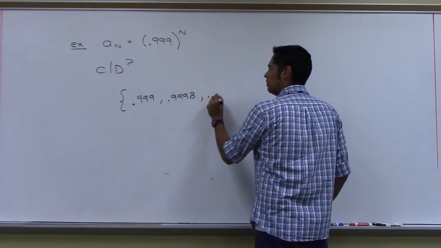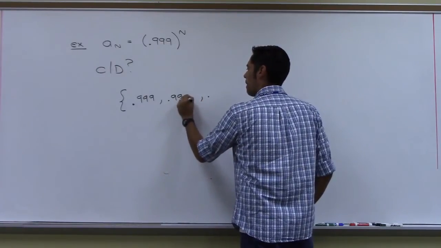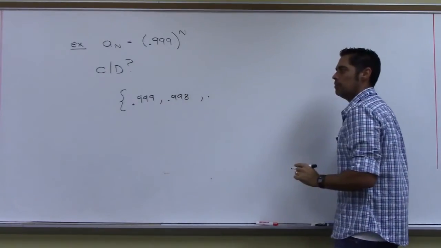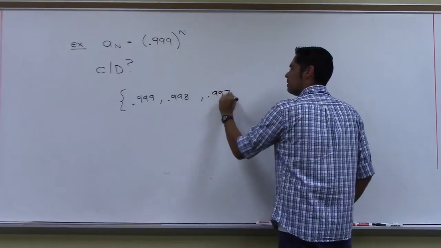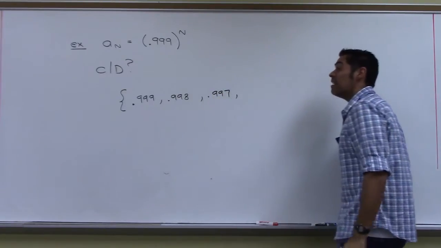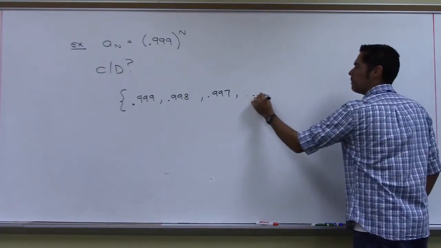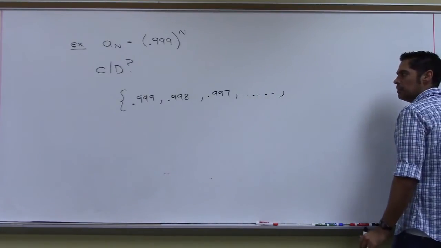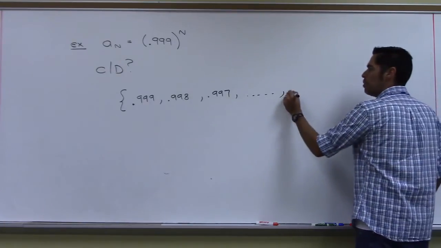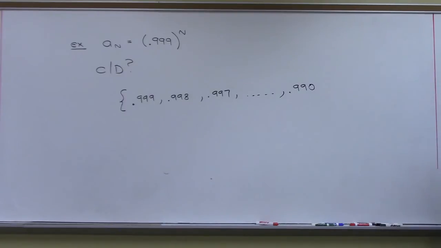Okay, thank you. What is it? 0.997? Okay, do 0.999 to the 10th power. What do you get to the 10th power? What does it look like is happening here?